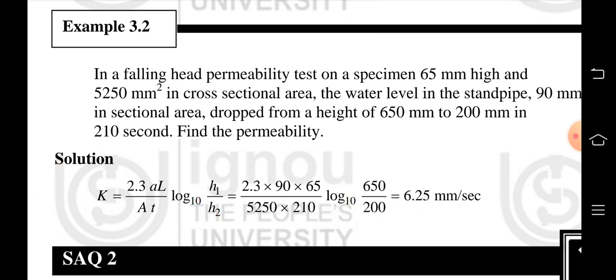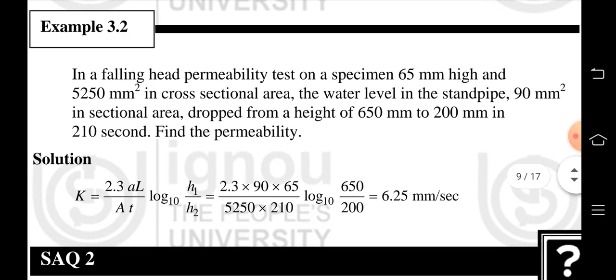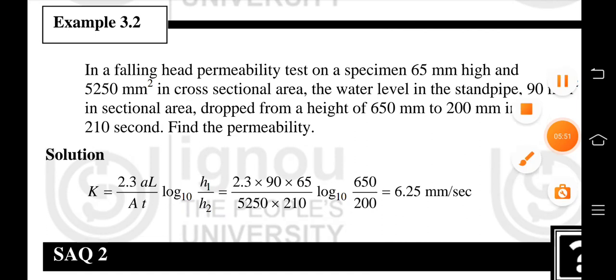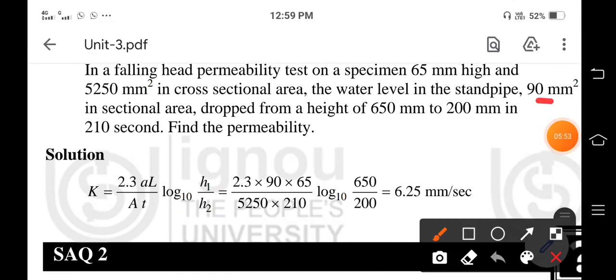We know the formula for the falling head permeability test. That is 2.3 aL upon AT log to the base 10 of h1 by h2. Here small a is the area of the standpipe, that is 90 mm square, which is given. L is the length of the soil sample, that is 65.